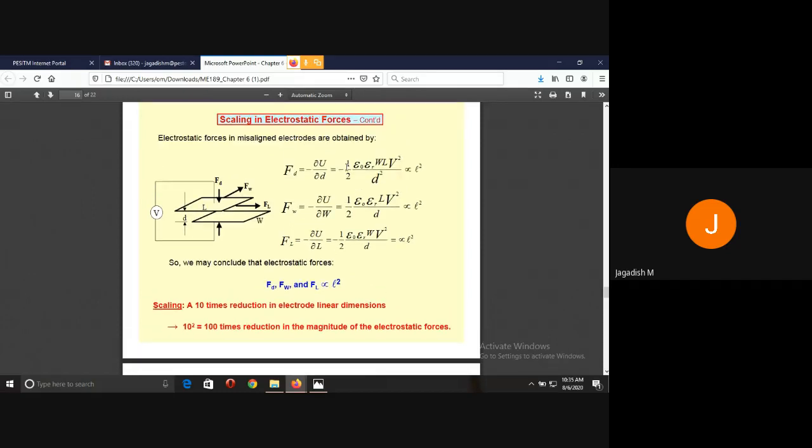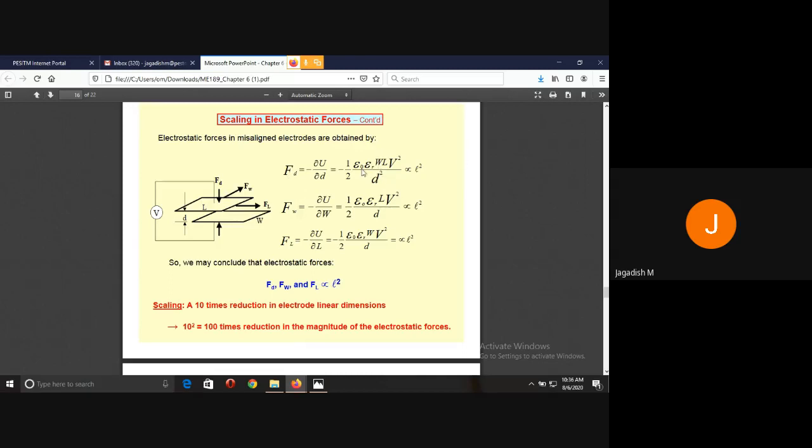For all those three kinds of electrostatic forces, you have this equation, and you'll find that all these forces are proportional to L squared. That is, if the dimension is reduced by 10 times, then these electrostatic forces will reduce by 100 times. Okay, this is the equation for the electrostatic force in that particular direction.